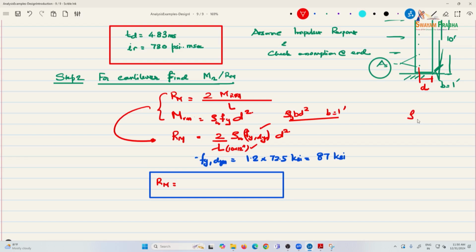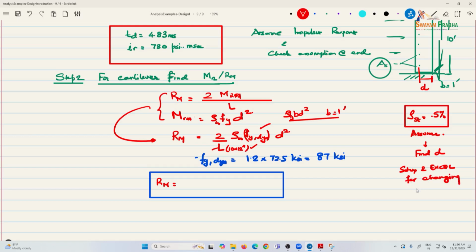this is the percentage of steel. So let's assume this to be 0.5%. There are two variables, rho and d. It's hard to work with both at the same time. So we can assume rho and find d, or you can set up an Excel sheet or whatever you use for changing.